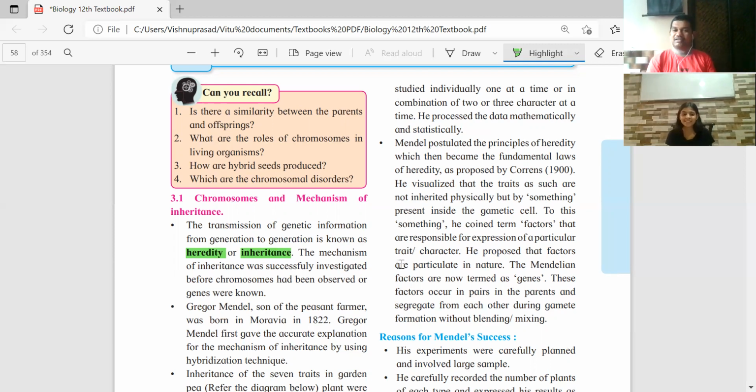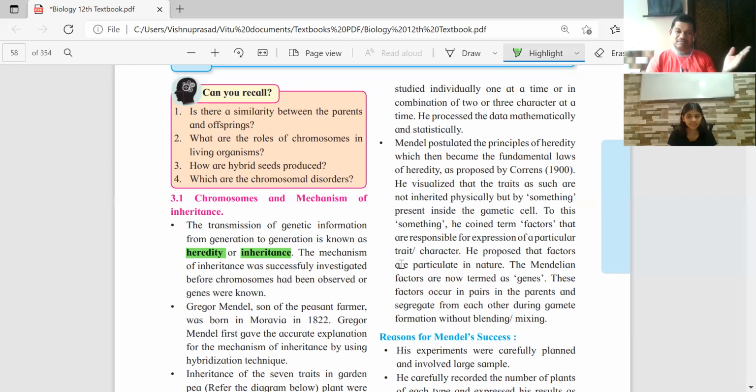Because of this, whenever sexual reproduction takes place and gametes are produced, the next generation is receiving a set of genes from both the parents. That's why any offspring produced as a result of sexual reproduction has characters from both the parents. That is the type of inheritance in sexually reproducing organisms.